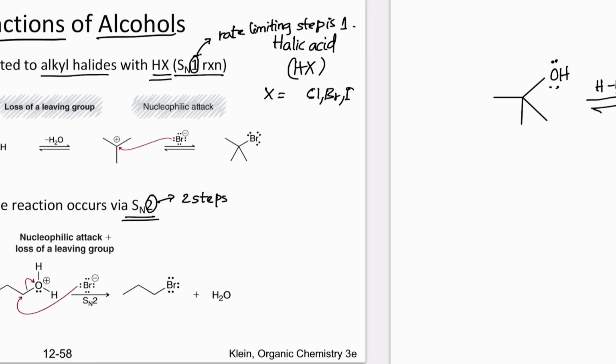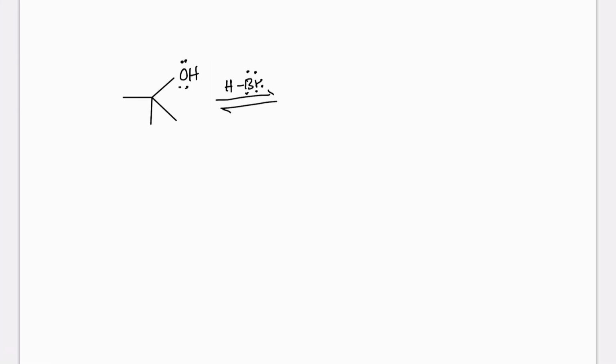The oxygen, being more electronegative, attacks the proton on the bromine. These 2 electrons go to the bromine, leaving an atom with a positive charge. This creates a carbocation intermediate.